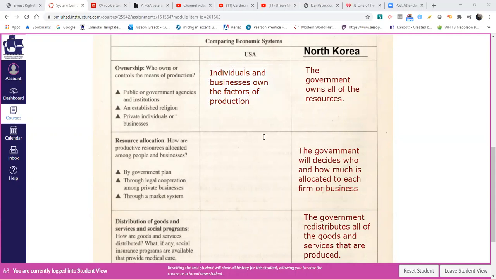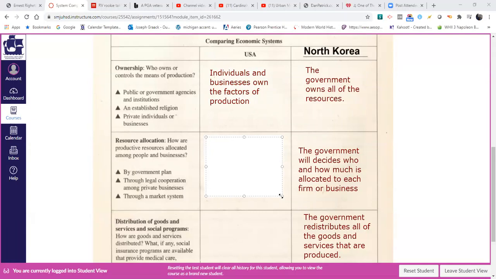Group 1, in terms of resource allocation, how are those productive resources allocated amongst people and businesses? Market system.